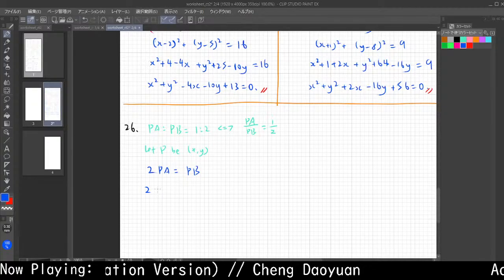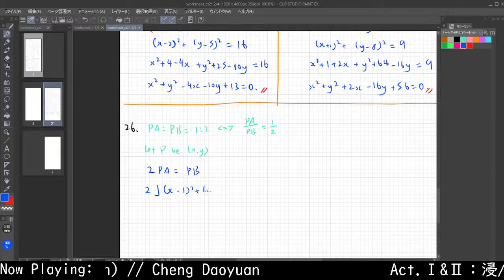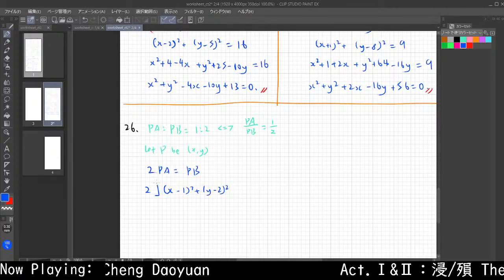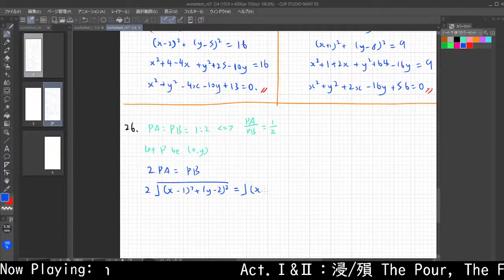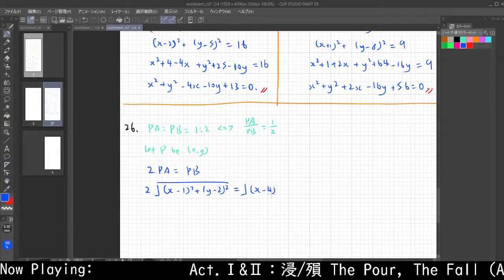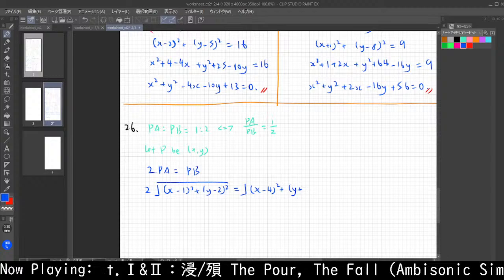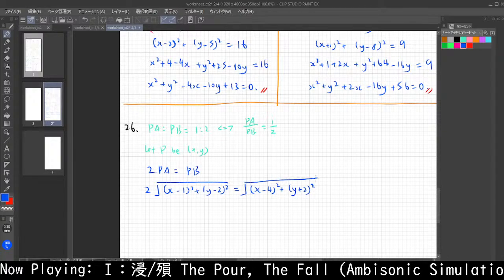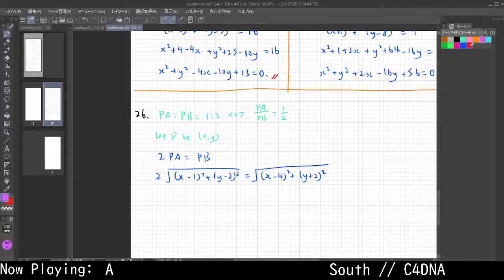So PA is the distance from P to A, so the square root of (x minus 1) squared plus (y minus 2) squared. PB is the distance from P to B, so the square root of (x minus 4) squared plus (y minus -2, which becomes plus 2) squared. You square both sides, including the number.